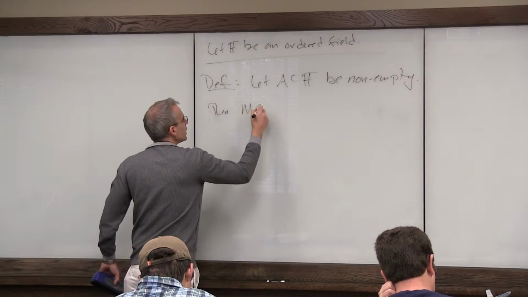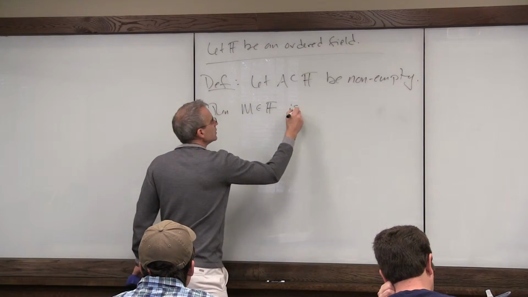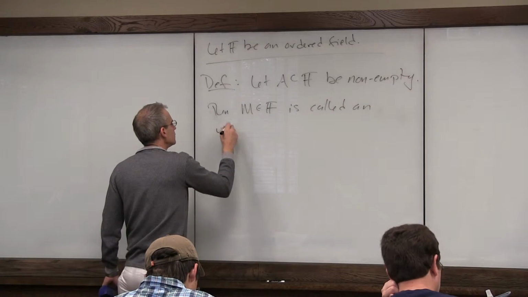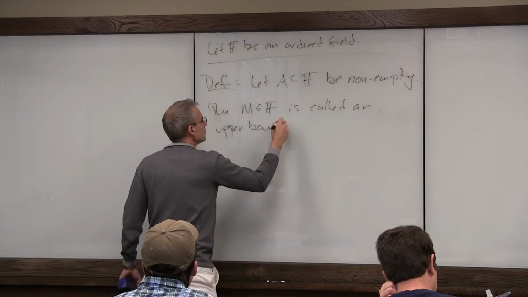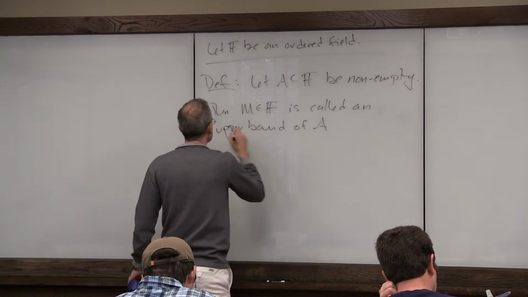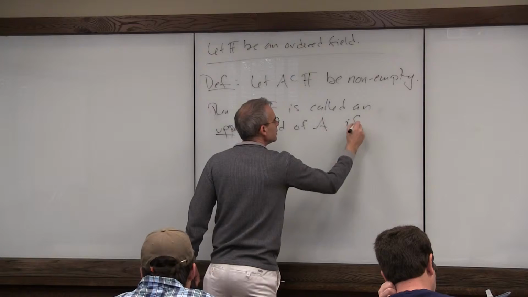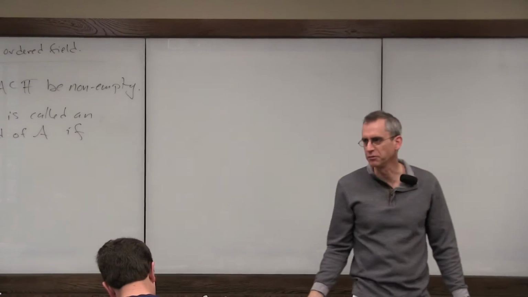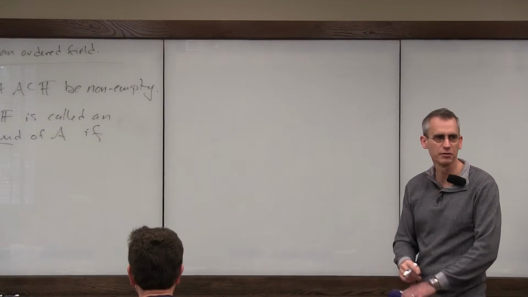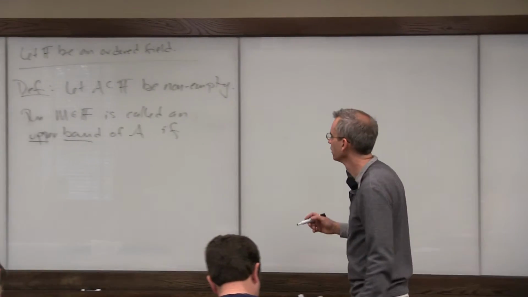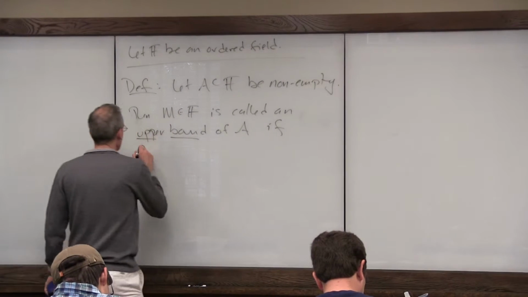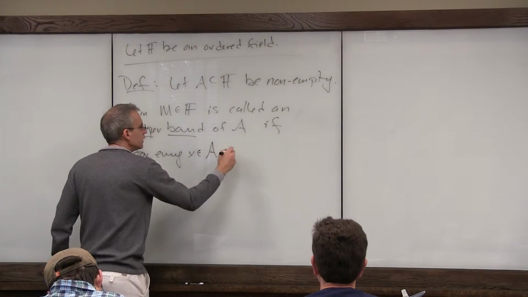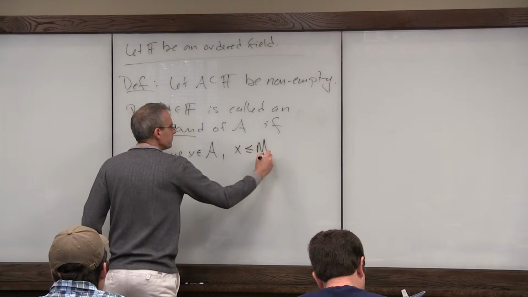Then some M, an element of F, is called an upper bound of A if, you know what an upper bound is, I mean, you've dealt with these. It's something that's bigger than everything in the set. Well, we've got to be a little more precise than that. So if for every x an element of A, x is less than or equal to M.